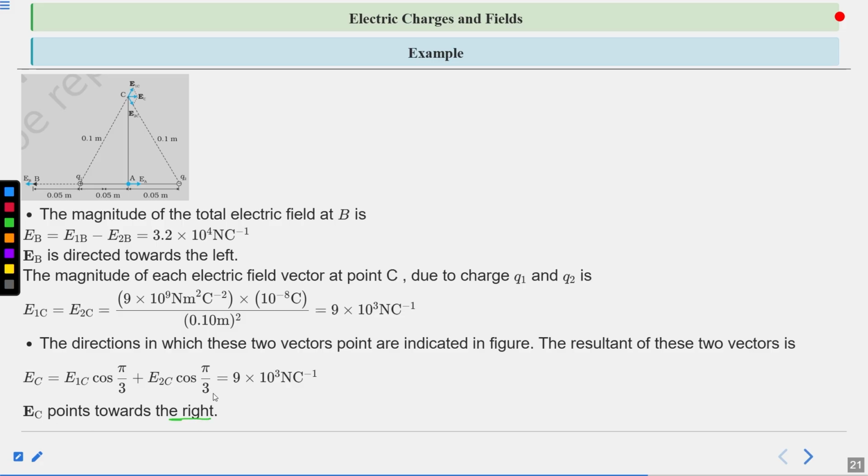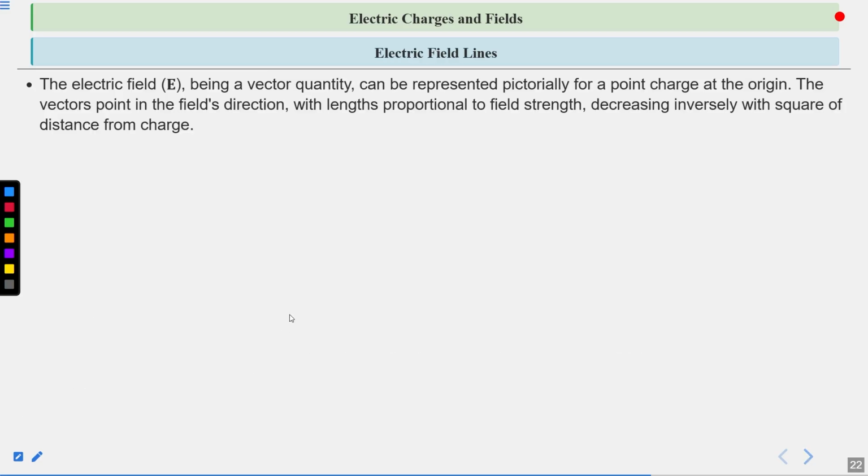We already learned this concept. Electric field lines. Electric field E, being a vector quantity, has both magnitude and direction, and can be represented pictorially for a point charge at the origin.